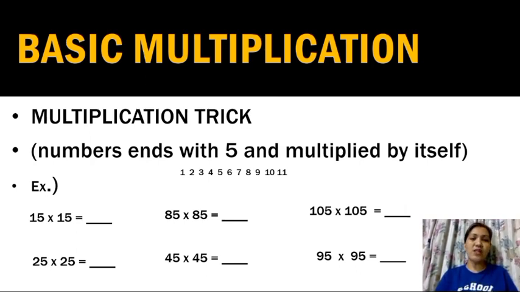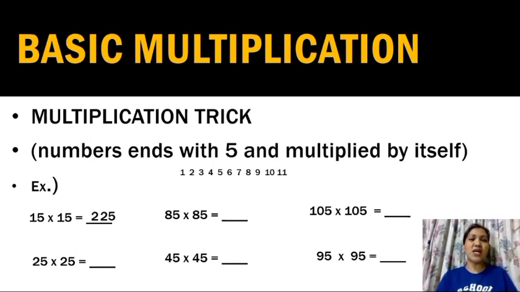So to get the first digit, ang first digit niya ay 1. So, ang titignan natin dito sa ating numbers na 1 to 10 or 1 to 11 ay yung after. So, 1, the number after 1 is 2. Ayan. And then, alam naman natin that 5 times 5 is 25. Ayan. So, ganun lang kadali.